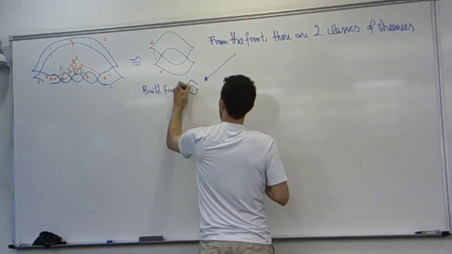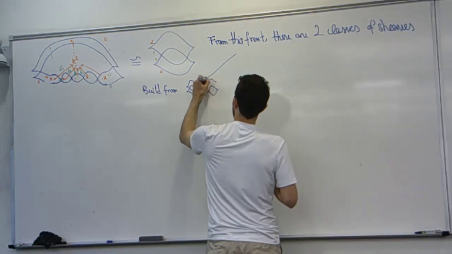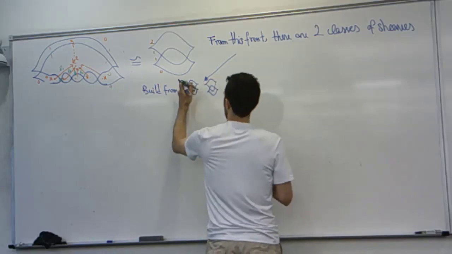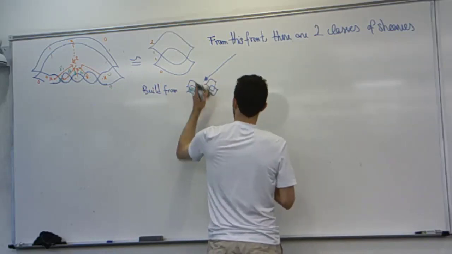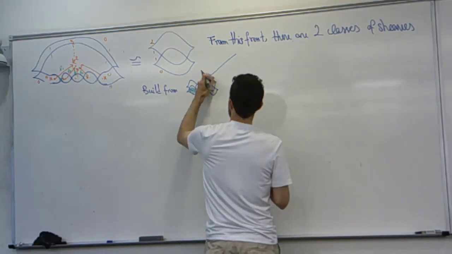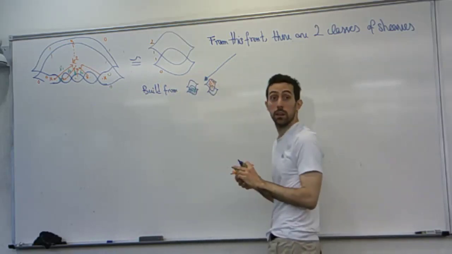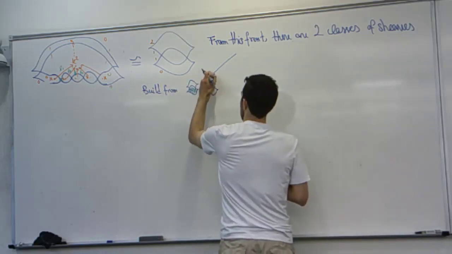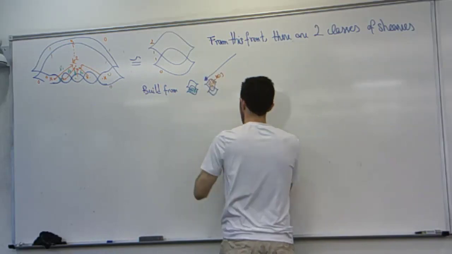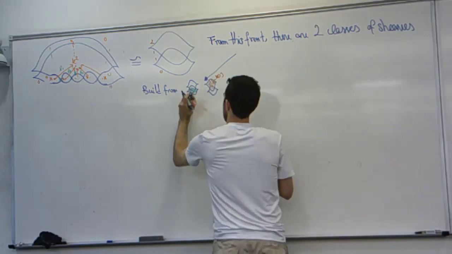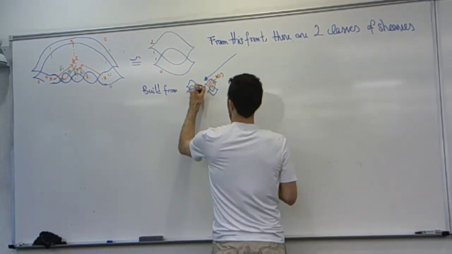They're built from the sheaf that is K here and 0 everywhere else, and the sheaf that is K shifted by 1 here and 0 everywhere. So this has stalk K shifted by 1, and here it has stalk K. And you can build sheaves out of these two.